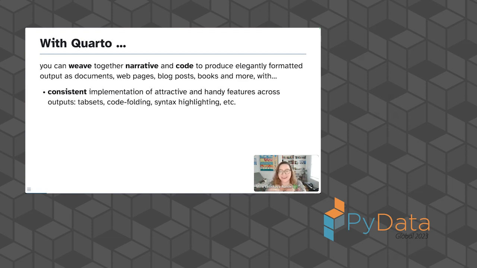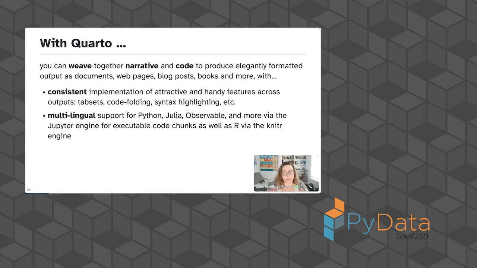I am an educator. I oftentimes am teaching code, and that's one of the most handy tools that I have to hide away code from learners for a brief moment to get them to think about things and then give them an opportunity to unfold it to see the answers, for example. As well as syntax highlighting. So these are implemented in exactly the same way across different output formats.